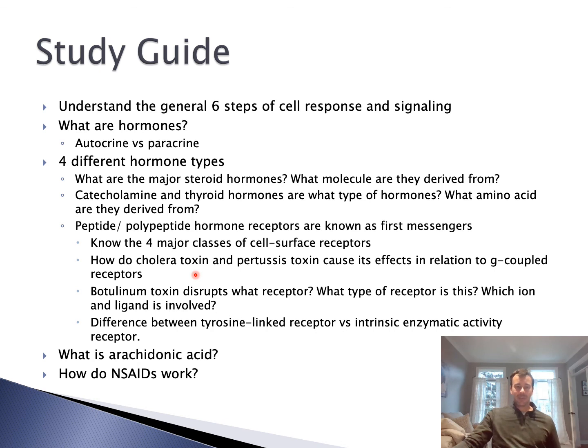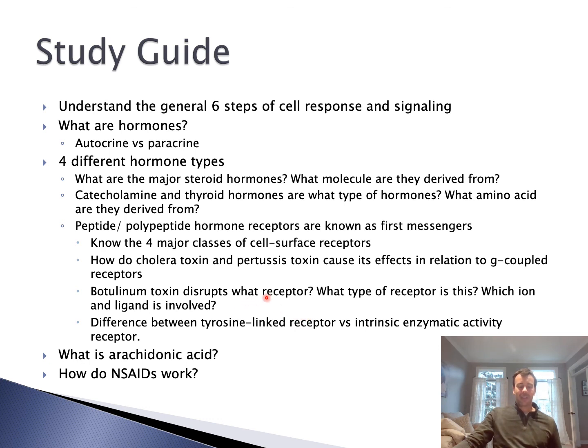And most of the lecture revolved around polypeptide hormones. So I want you to know the 4 major classes that I talked about, and how do the cholera toxins and pertussis toxins, which type are they relevant to, and how are their effects related to that type, the G-coupled receptor type.